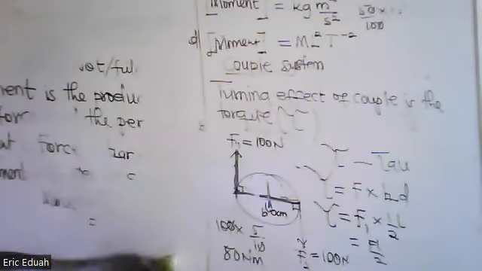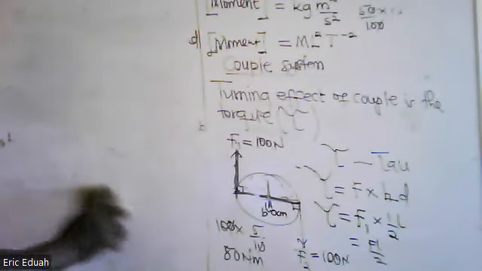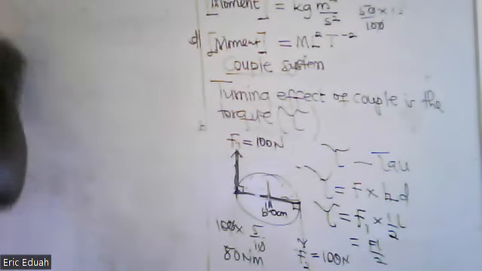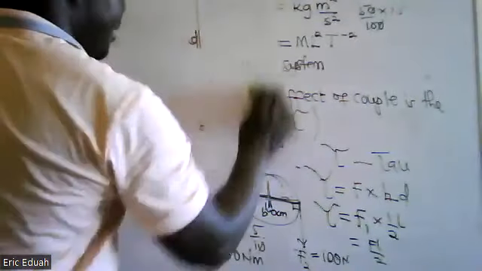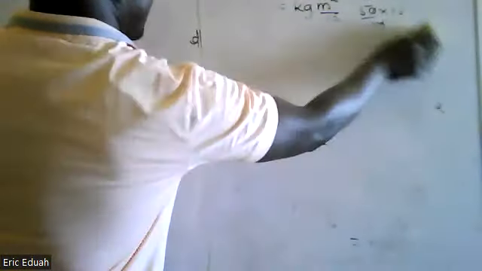So we've discussed couple. Now, all that we are saying is that moment is a product of the force and the perpendicular distance. Now, we can have a situation where either the force is not perpendicular, or the length which has to be perpendicular is not.